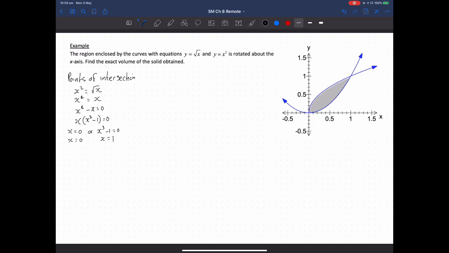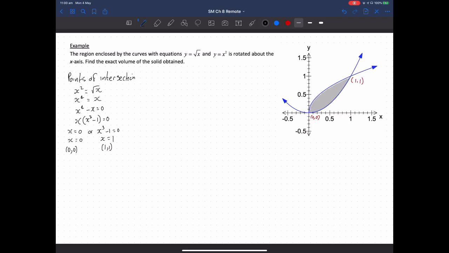So we know when x is equal to 0, y is also equal to 0. We know when x is equal to 1, y is also equal to 1 by substituting into the formulas. So what we have now is (0, 0) and (1, 1).